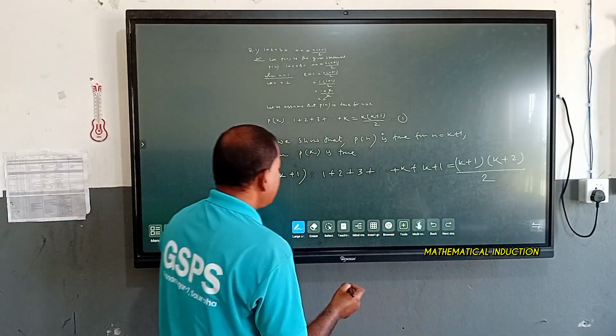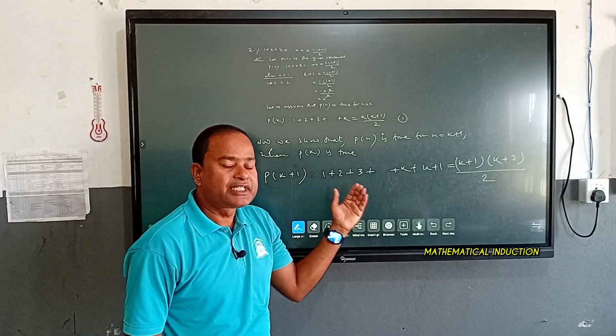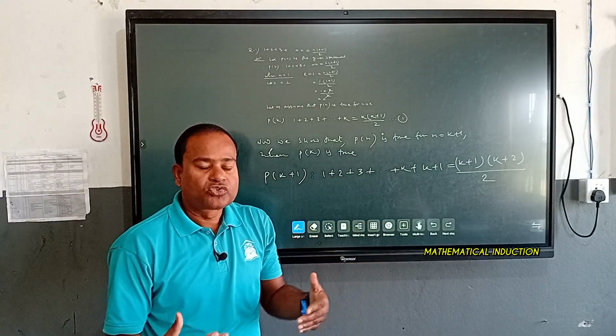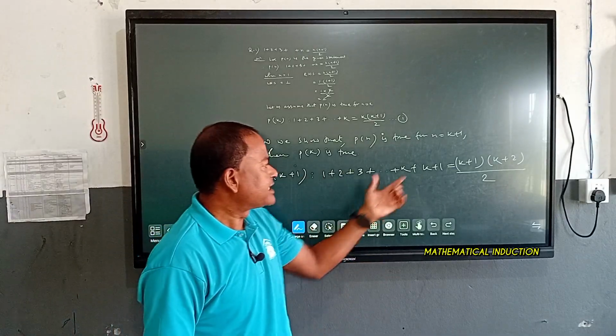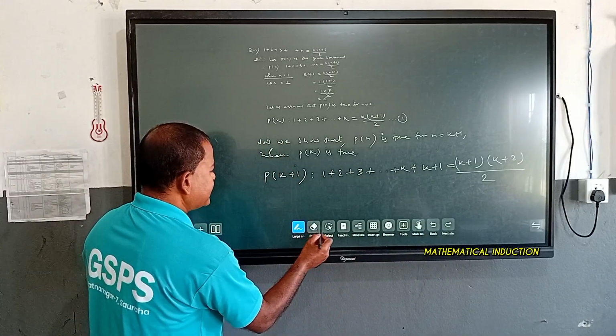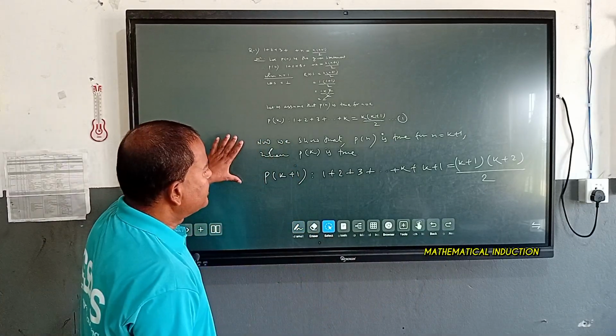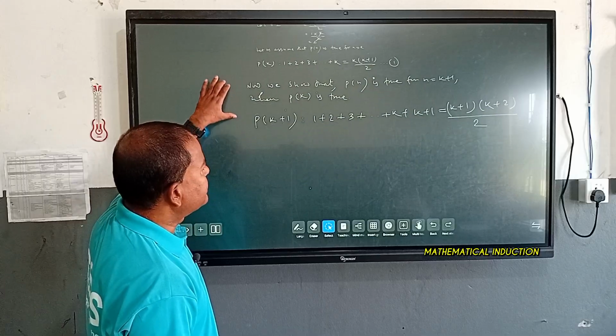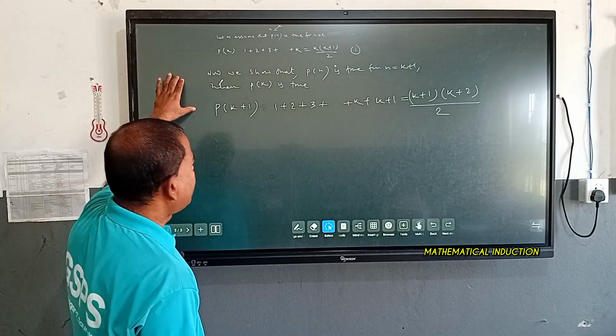So dear students, now we have to prove that this statement is true. By taking LHS and RHS, we have to show both are equal. So let's first take the LHS.